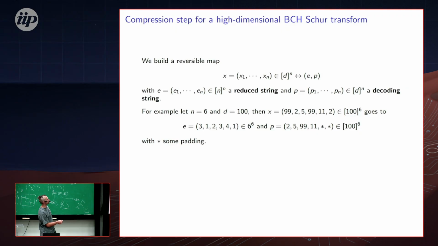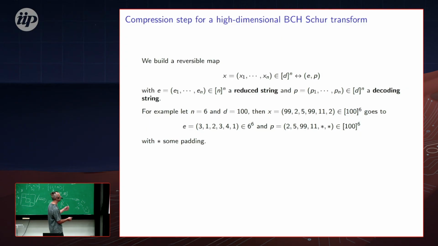For example, the smallest, 2, will go to 1. The next smallest, 5, will go to 2, and so on. I just compress it in that sense. Again, the third smallest is 11, so it goes to 3. The fourth smallest is 99, that goes to 4. Well, there's a problem there. I think I did it in the wrong way. It should be like that.